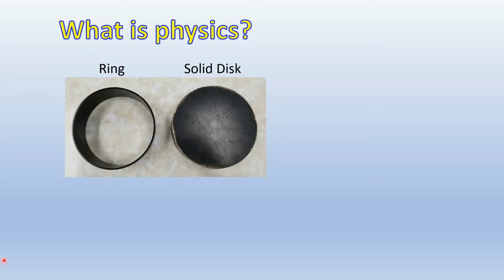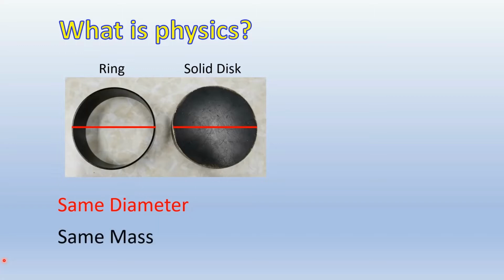Here I'm showing two cylindrical objects, a ring and a solid disk. These objects share a few traits in common. The first is that they have the same diameter, so they were manufactured especially for our purposes today. The second characteristic is they have the same, or roughly the same mass.